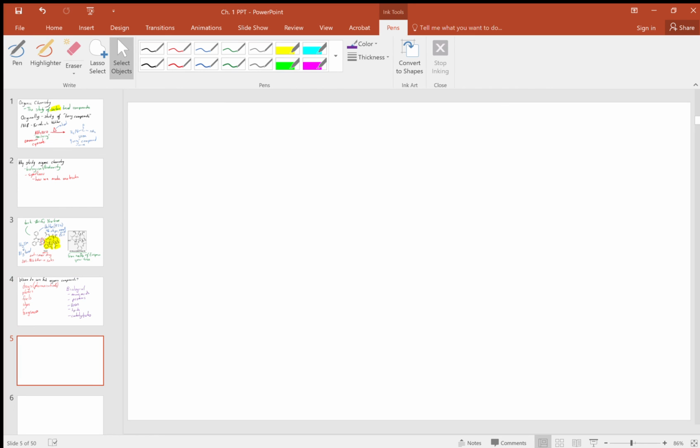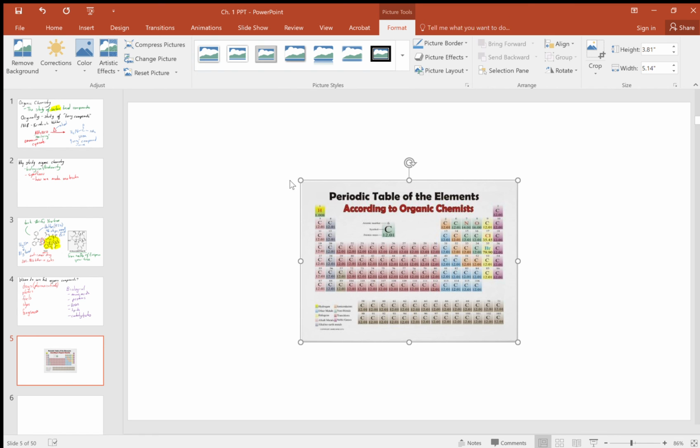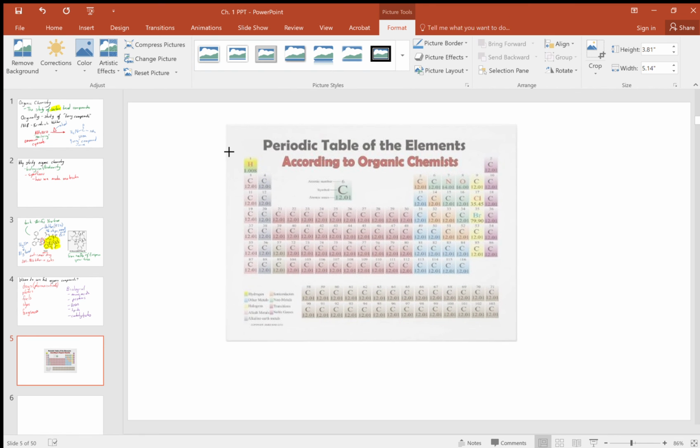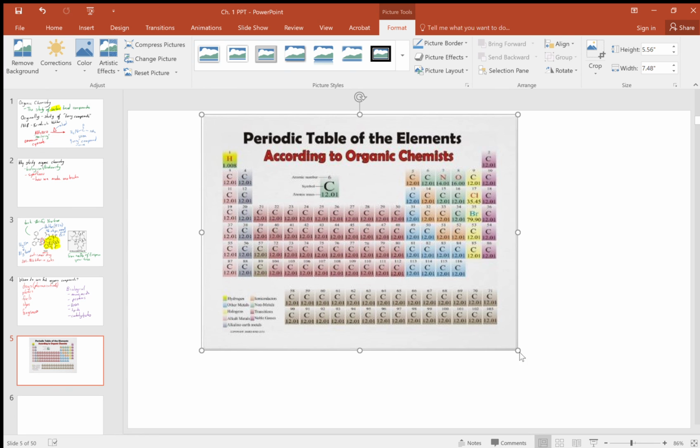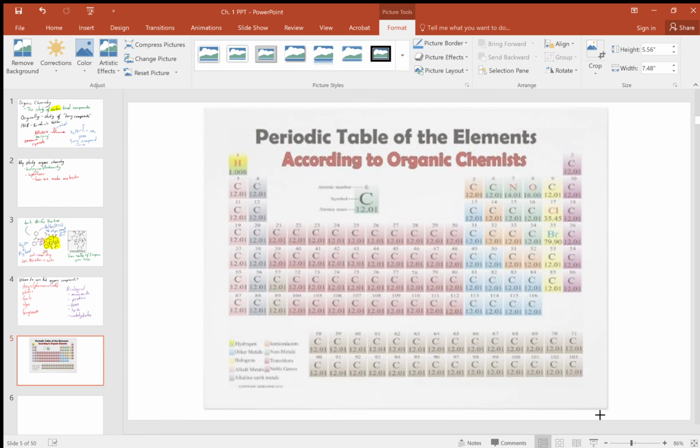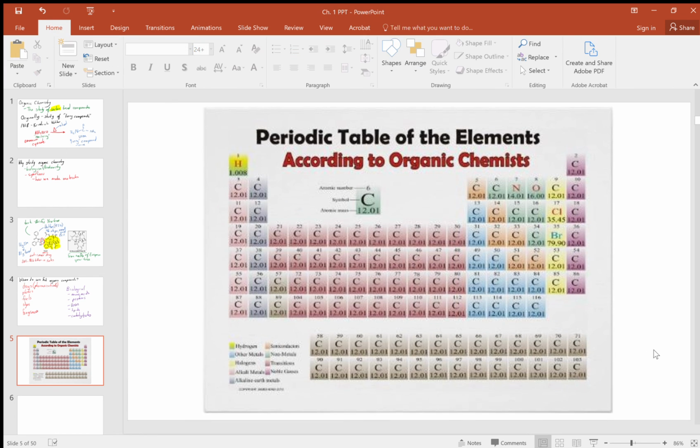And so while you remember the periodic table that you studied so much in Gen Chem last year, well, sometimes those of us that are organic chemists like a slightly different version. So are we saying here that carbon is more important than other elements? I think that's exactly what we're saying.